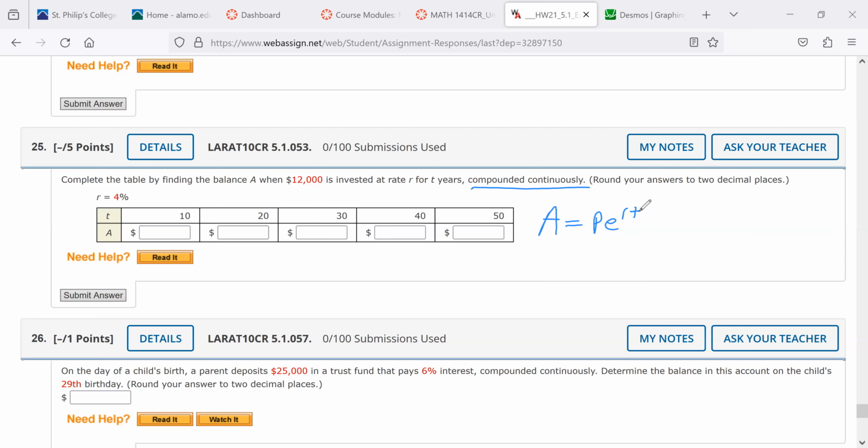So just plug in your 10,000, or sorry, what is it? They invested 12,000. And they want you to see how much money you get in 10, 20, 30, etc. years. Rate is 4%. Make sure you change it to 0.04. Always divide by 100 to change to decimal. Times your t. So just vary the t's.